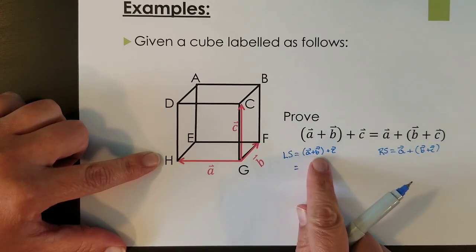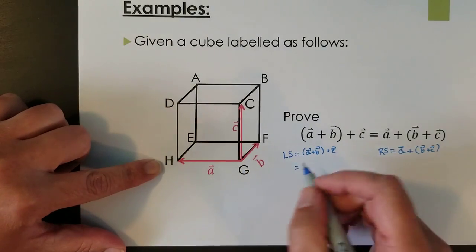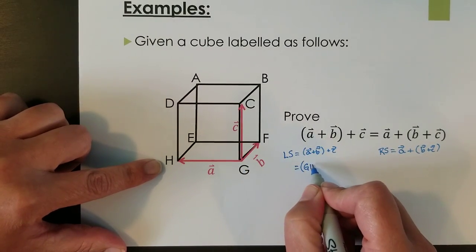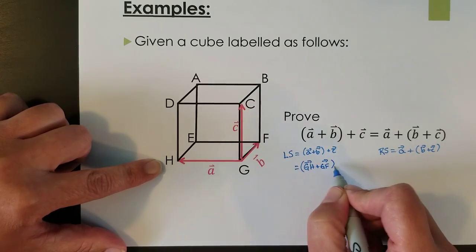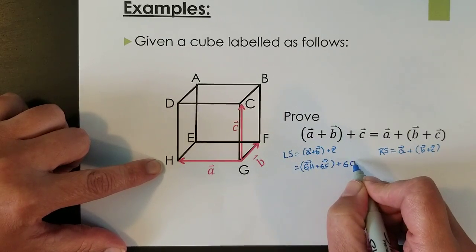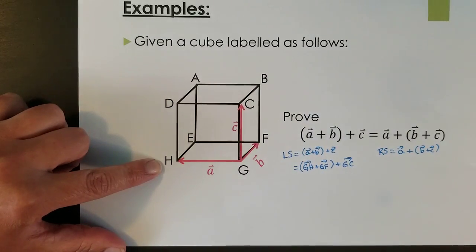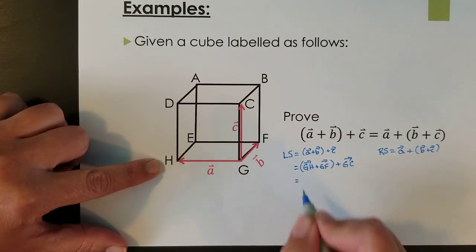So A plus B in here, I'm going to call that GH plus GF. And then plus C is GC. So I'm just kind of converting these into the other format.